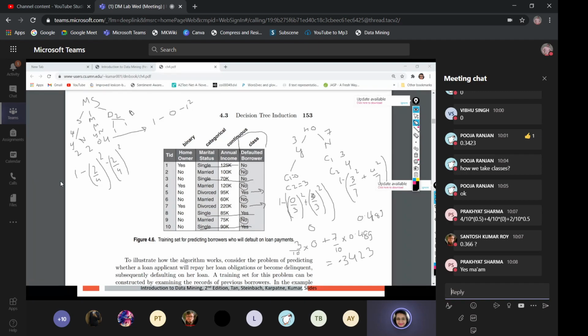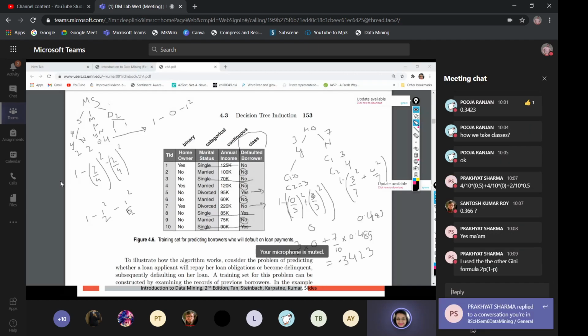Fine. And this one is 1 minus (1/2) whole square minus (1/2) whole square. Okay, so what is this answer?